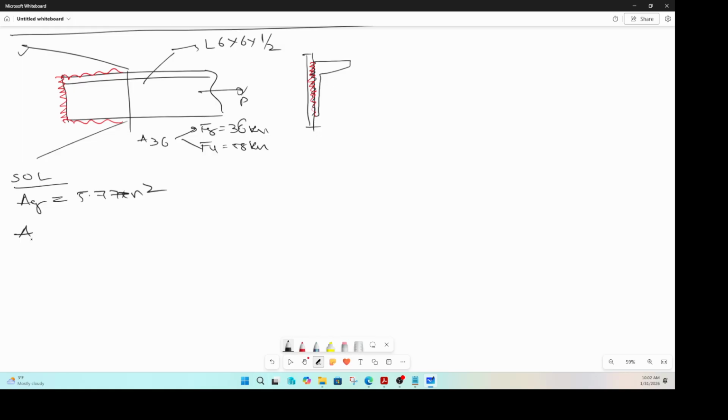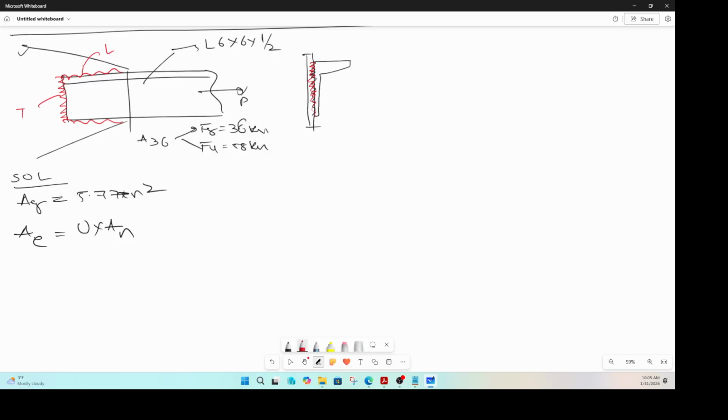How do you calculate your A effective? A_e is nothing but U factor times A_net, correct? Notice here that you have both longitudinal welds and transverse welds, right?